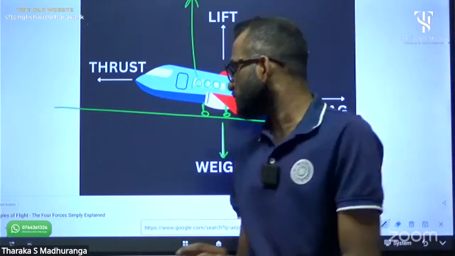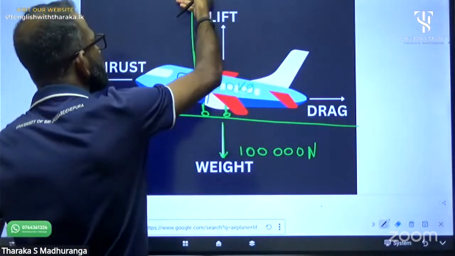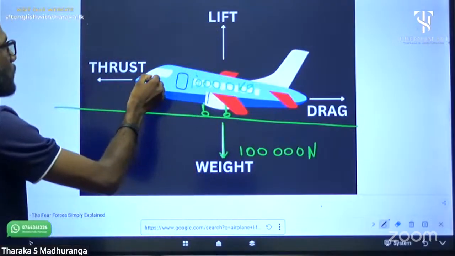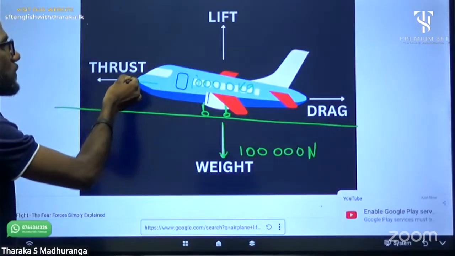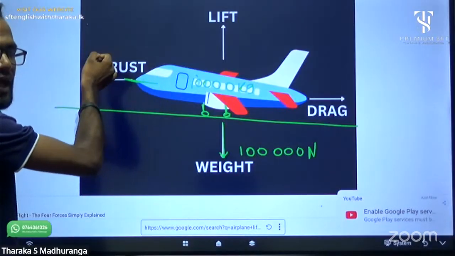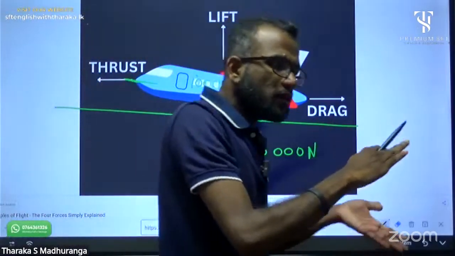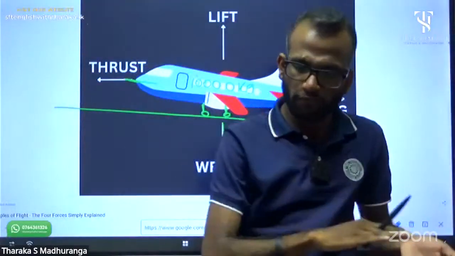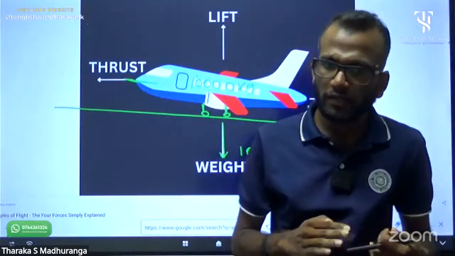It can only travel in this type of path. We have to get some speed first on the track. And when it has reached a certain speed, it slowly lifts, right?